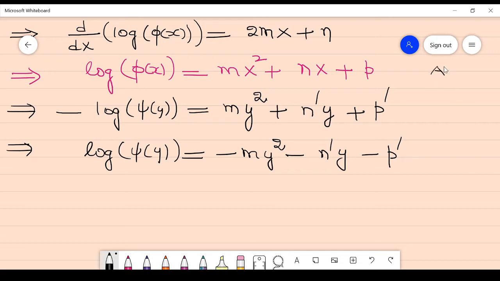So here this is equation A, and here this is equation B. This can be written as log ψ(y) in this way.